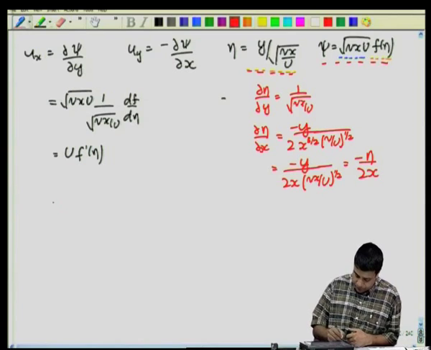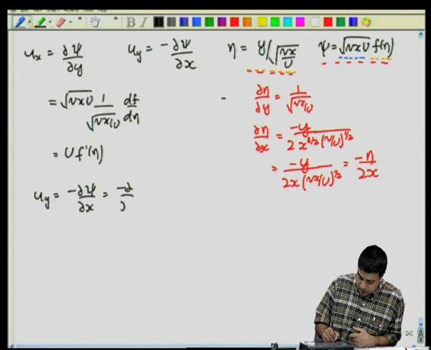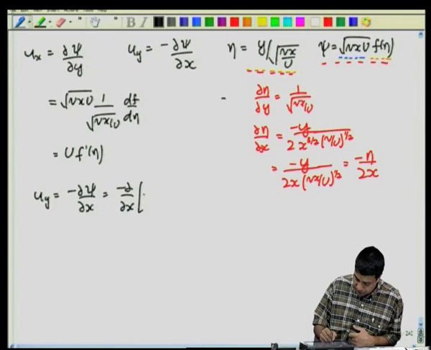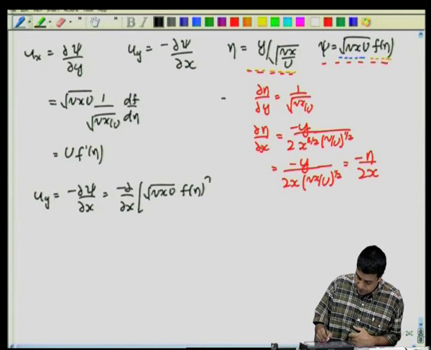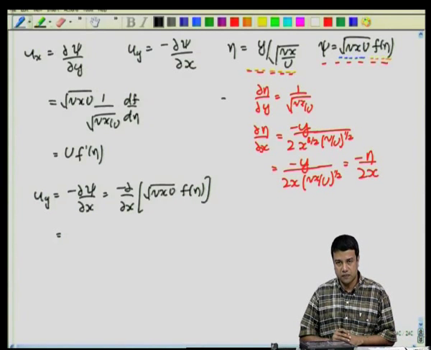So, minus partial psi by partial x is equal to minus partial by partial x of root of nu x u f of eta. First, I take the derivative with respect to square root of nu x u.